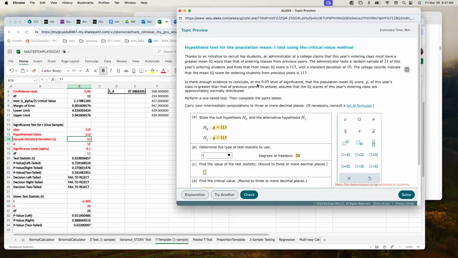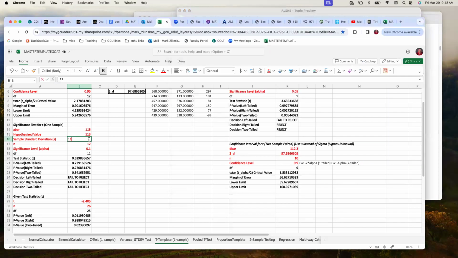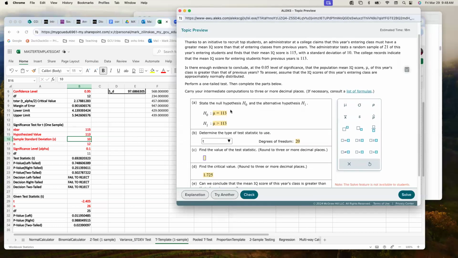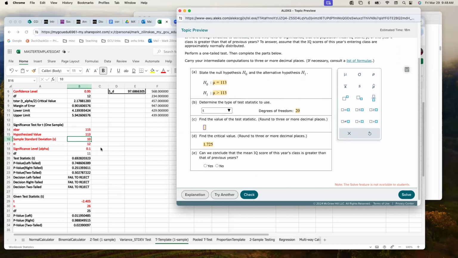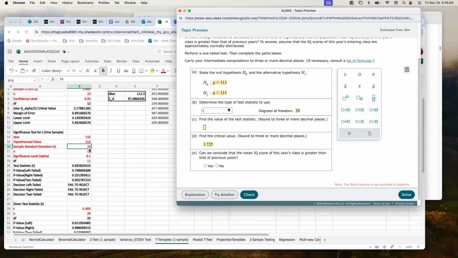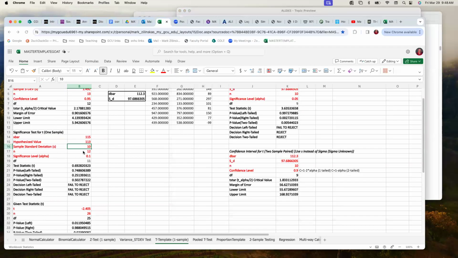That was 10. Okay, so I'm going to change this to 10. And my sample size here was 21.